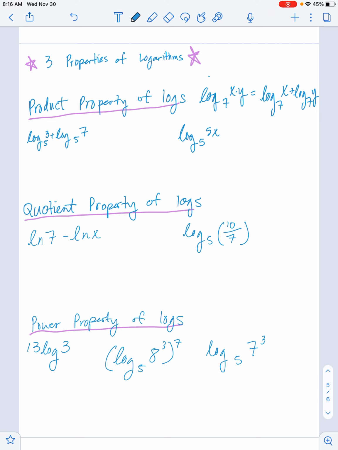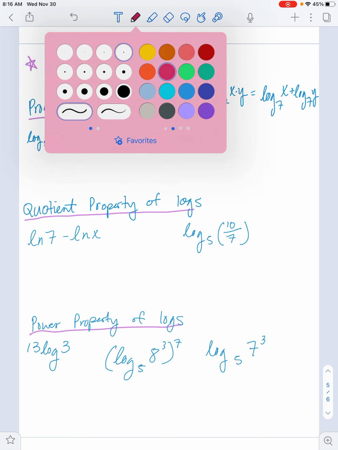If I go backwards, I might be given something like this. I can now condense that down into a single log, but again, the bases for each of the logs must be the same in order for you to condense using the product property. So for this first example, log base 5 of 3 plus log base 5 of 7, both have the same base of 5 and they're getting added together.